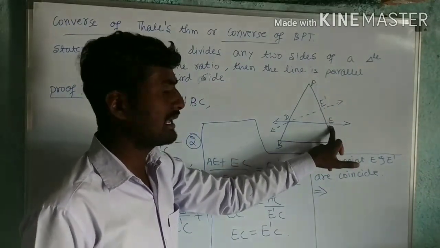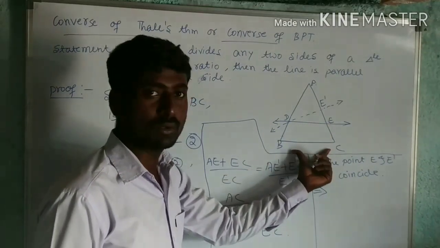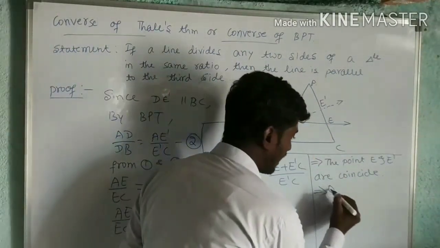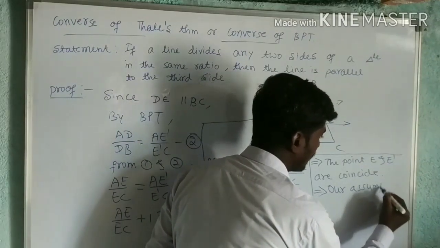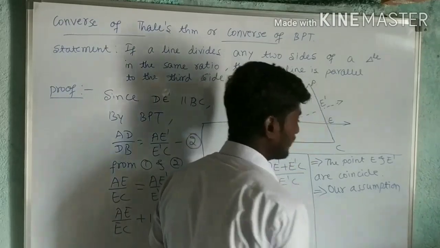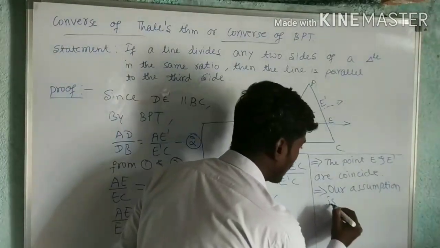So E dash you are getting again E only. So it means DE is also parallel to BC. So this implies our assumption is wrong. What we have assumed? DE dash is not parallel to BC. That assumption is wrong.